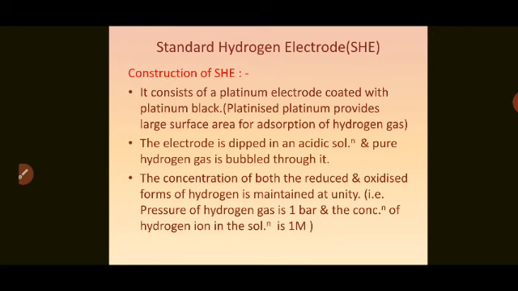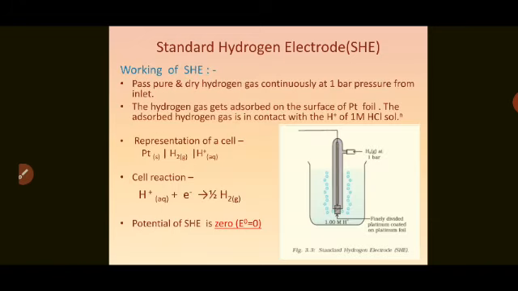It does not participate in the reaction. The electrode is dipped in an acidic solution and pure hydrogen gas is bubbled through it. The concentration of both the reduced and oxidized forms of hydrogen is maintained at unity, that is, the pressure of hydrogen gas is 1 bar and the concentration of hydrogen ion in the solution is 1 molar. Here it is represented in the figure.